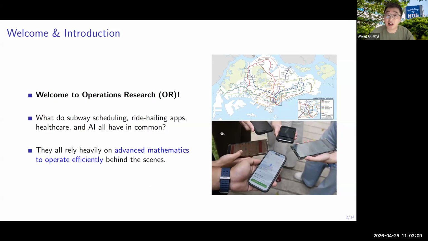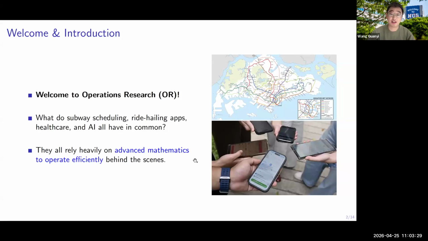On the right-hand side, there are just two examples. One is the subway scheduling of Singapore, because I am a faculty member at the National University of Singapore, so I am more familiar with what it looks like.